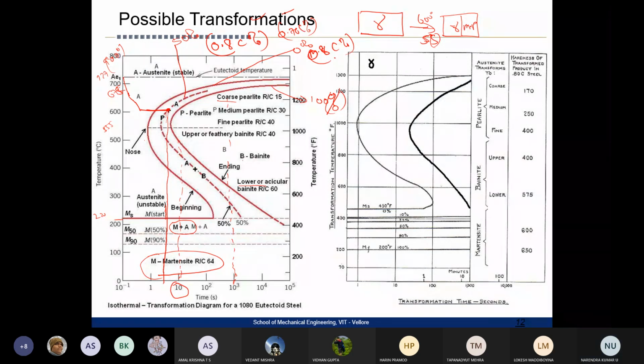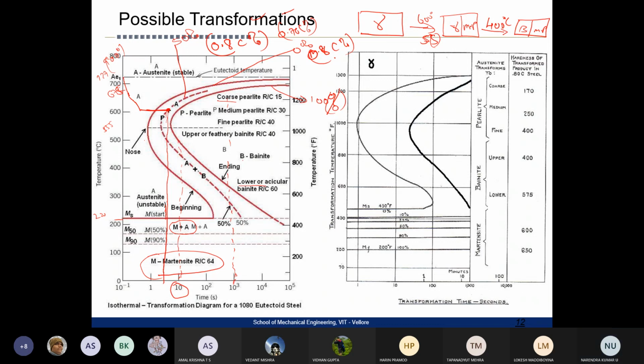Now what you have to do is take the sample which is already 50% converted, and again quench it to a temperature in the range of bainite. If you quench it to around 400 degrees Celsius and allow the transformation, the remaining austenite is getting converted to bainite.